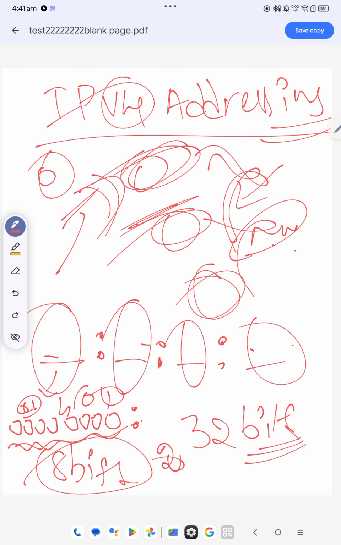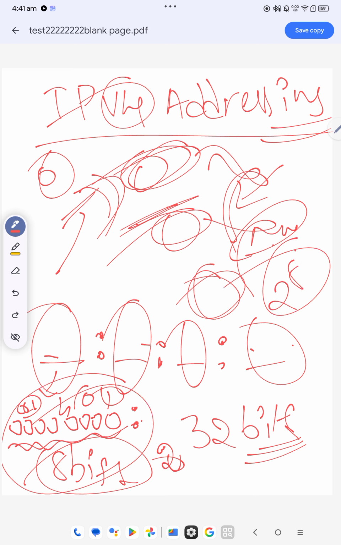I think you understand, right? So how many numbers can we fill in these 8 bits? 2 power 8, so up to 255.